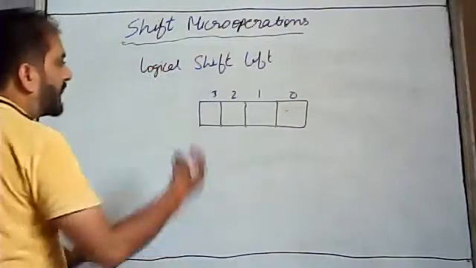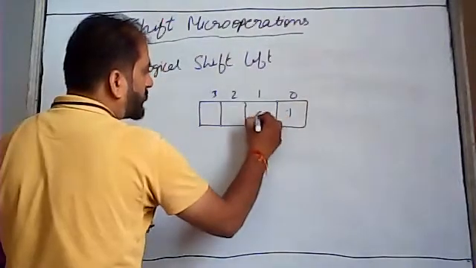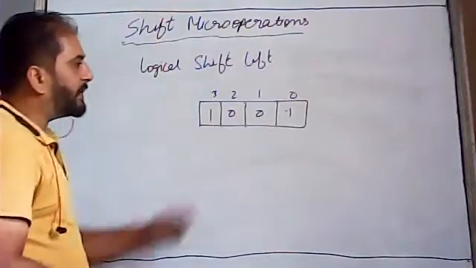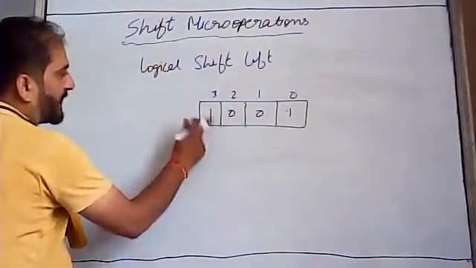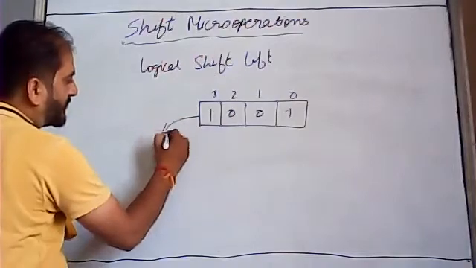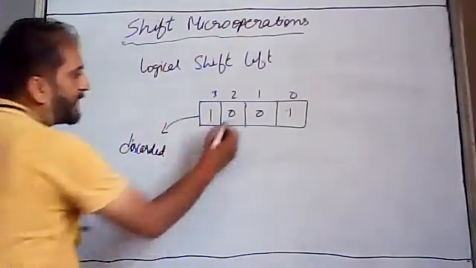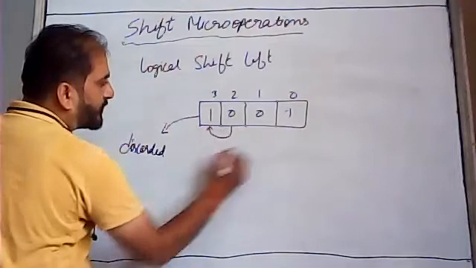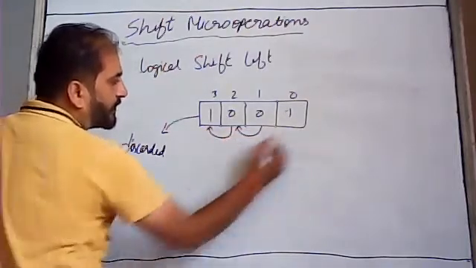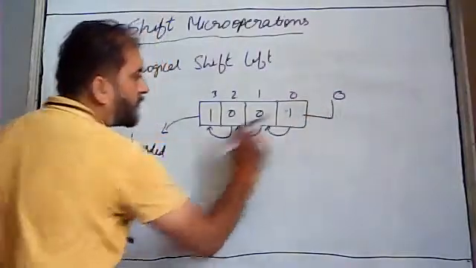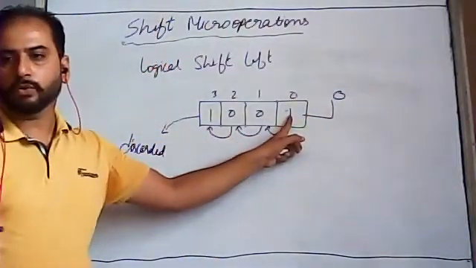Suppose we have data 1, 0, 0, 1. So now we have to shift the bits to the left. The bit at position 3 is discarded, and the other bits are each shifted one place to the left, and we insert 0 at bit position 0.